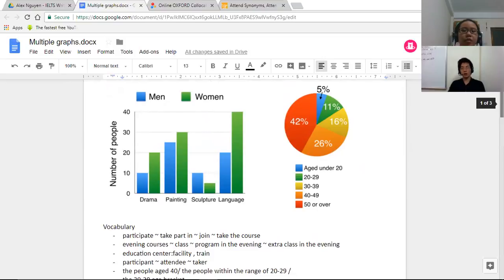I would match 16, 11, 5. In my mind, I would mention the youngest in the last sentence, 5%. But now I'm thinking, what should I add in the middle?